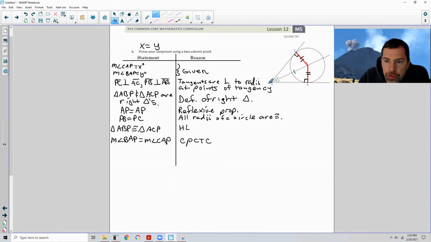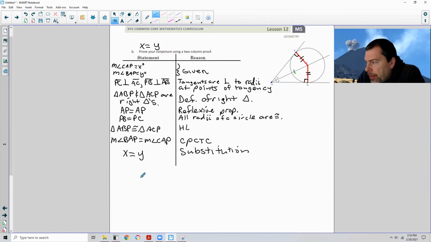So now if the measure of angle BAP is equal to the measure of angle CAP, then we can say that X equals Y by substitution. Okay, CAP is X and BAP is Y. So if they're equal, then X has to equal Y. Okay.